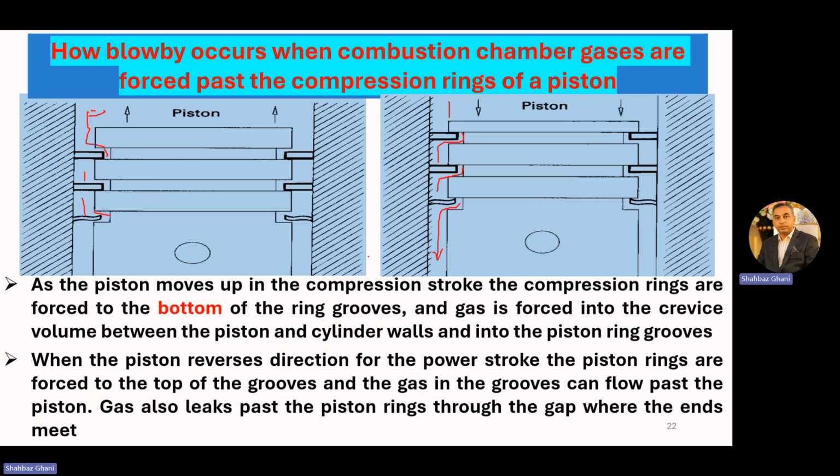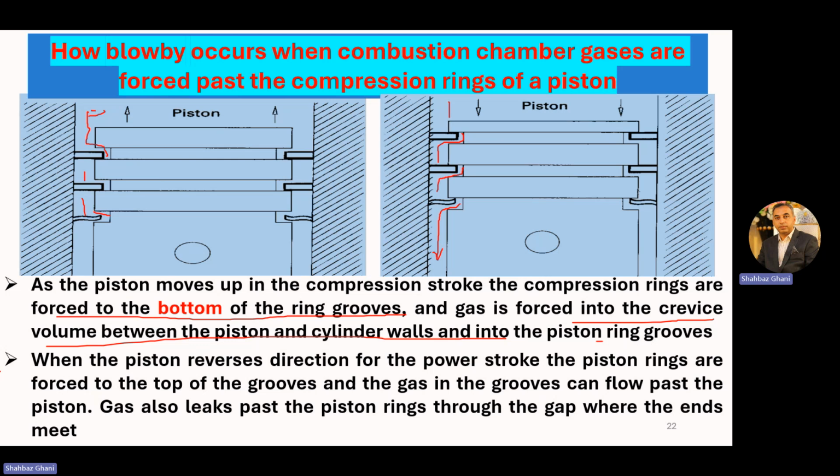So as the piston moves up on the compression stroke, the compression rings are forced to the bottom of the ring grooves, and the gas is forced into the crevice volume between the piston and the cylinder walls, and into the piston ring grooves.